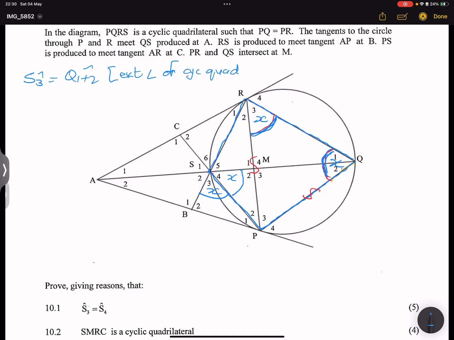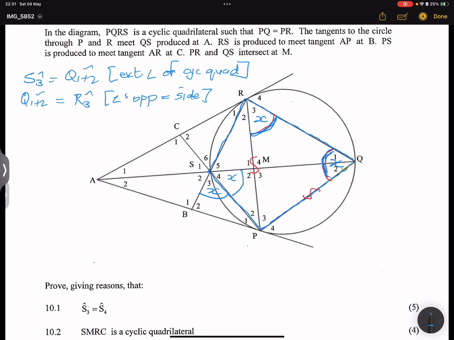All right. Now S3 is equal to Q1 plus 2. But we said Q1 plus 2 is equal to R3. And the reason we said that is because these are angles opposite equal sides.